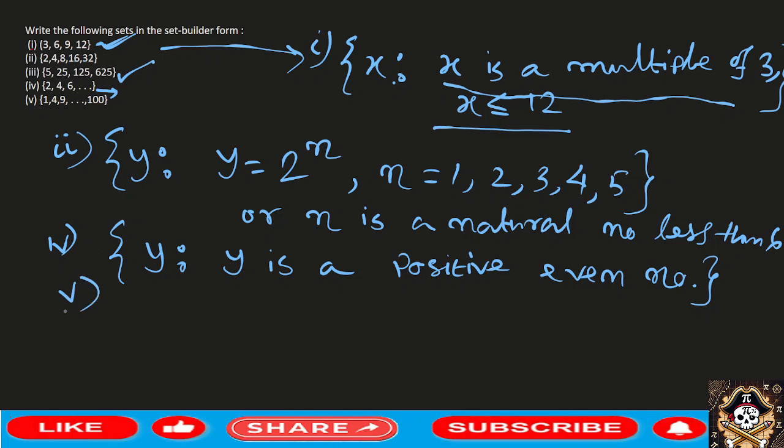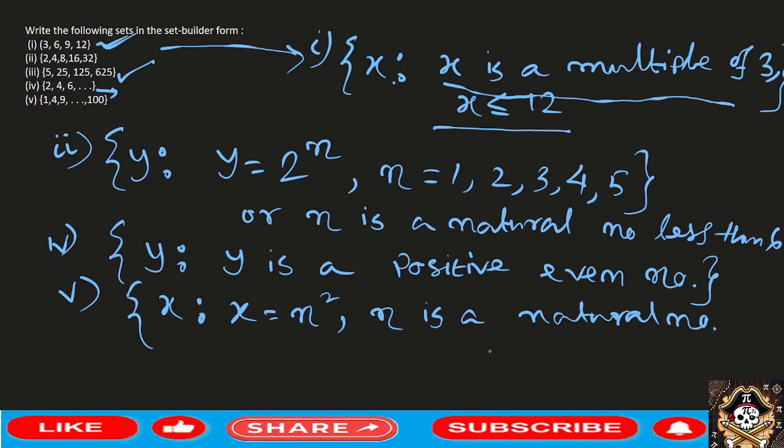Also, in set 5, the squares are given. Here we can see that 1 is the square of 1, 4 is the square of 2, 9 is the square of 3 and 100 is the square of 10. Therefore, we can write x such that x equals n squared, where n is a natural number less than 11.